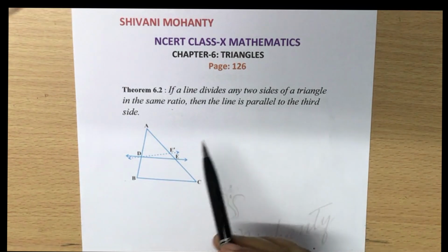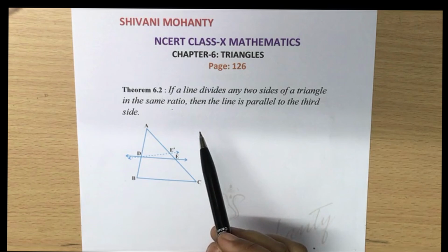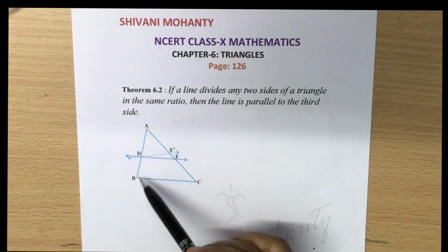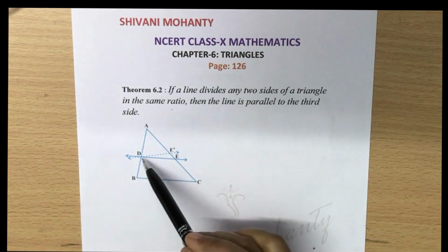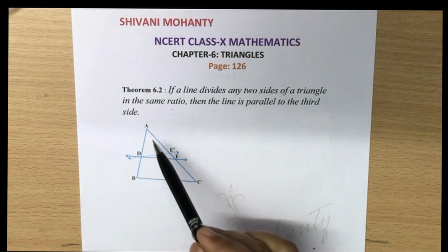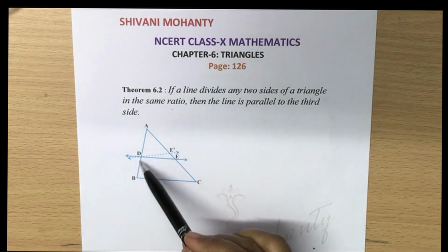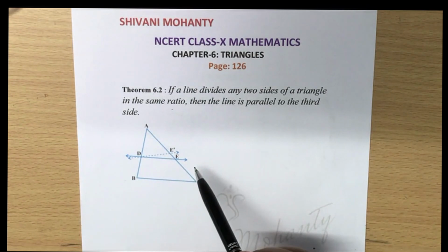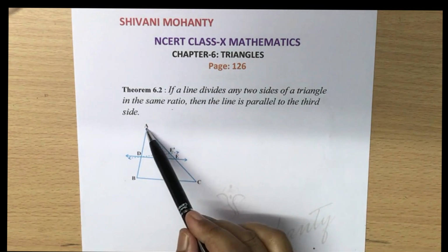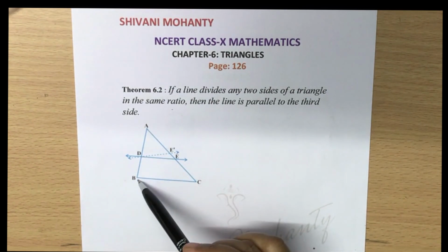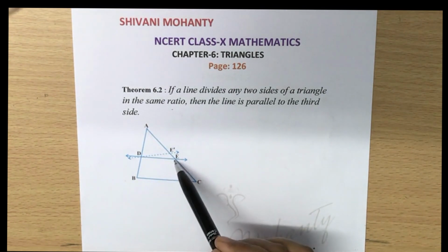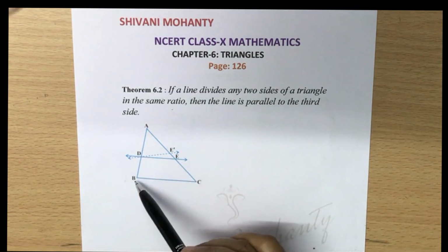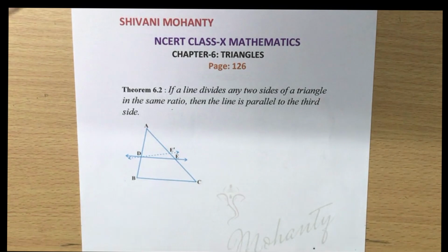You have already proved in the Basic Proportionality Theorem that a line dividing a triangle is parallel to the third side. You had to prove that AD by DB is equal to AE by EC, but here it is the converse. It is given that AD by DB is equal to AE by EC, and you have to prove that DE is parallel to BC.